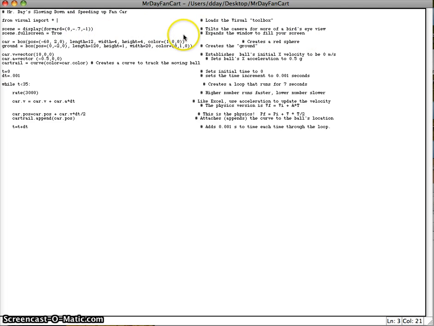I changed a few numbers, so I should probably show you. This creates a red box, and I'll save it. So the position of my car in the beginning is a negative number. And my initial velocity right here is a positive number.